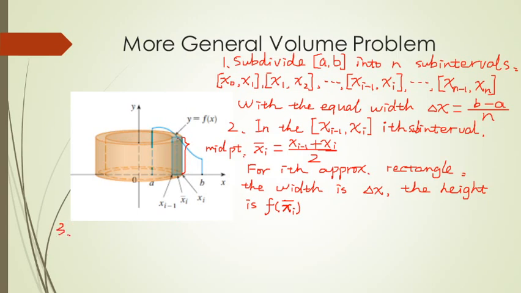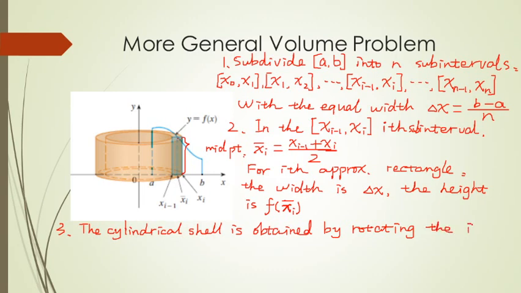So here number 3, the shell, and actually this is the cylindrical shell, in this orange color. The cylindrical shell is obtained by rotating the i-th rectangle about the y-axis.